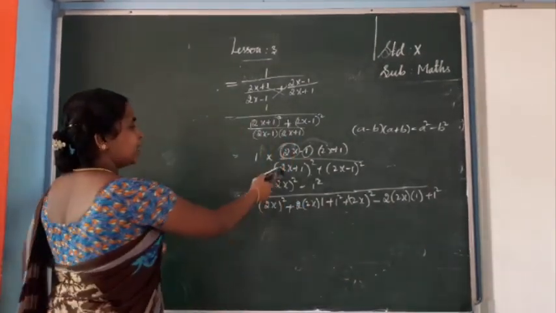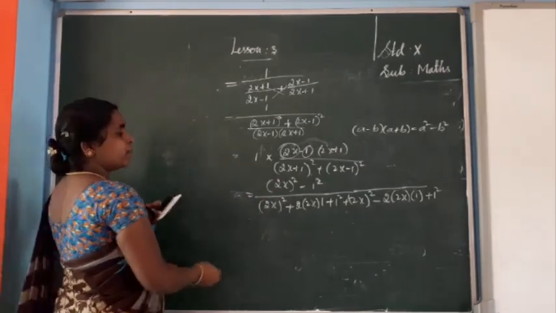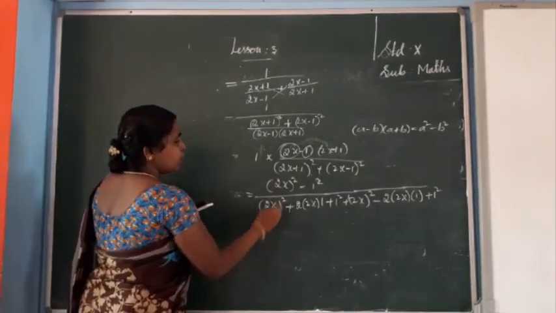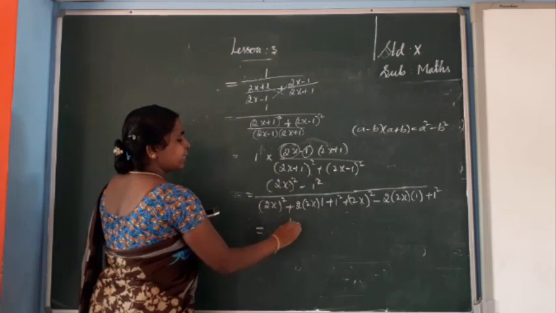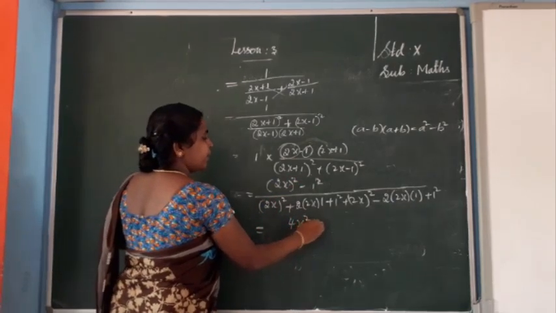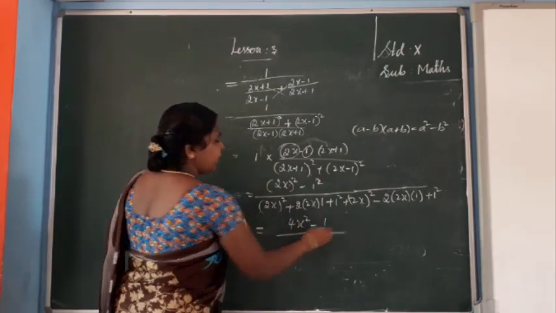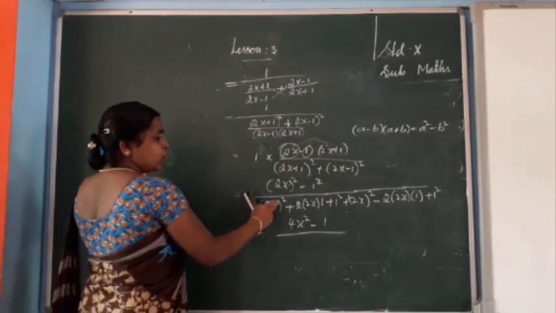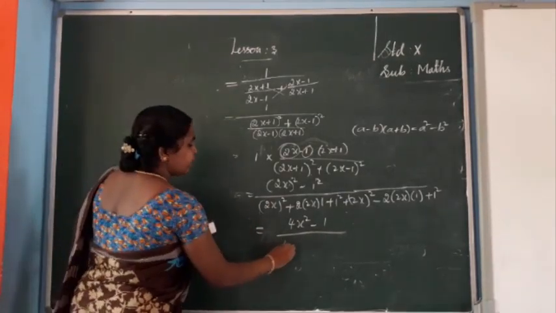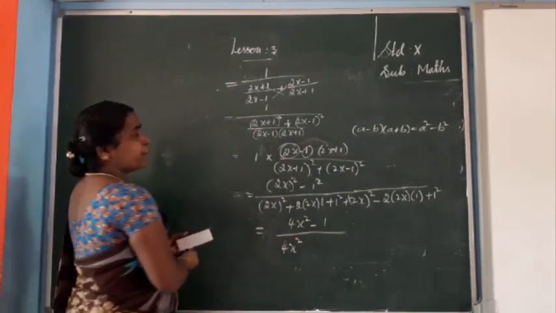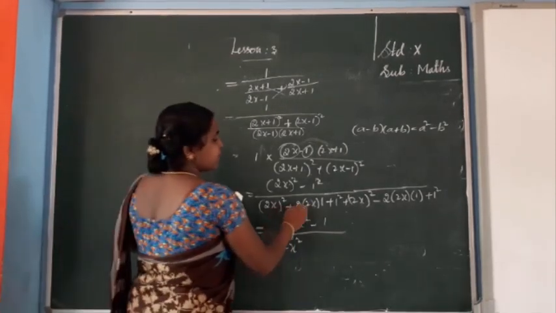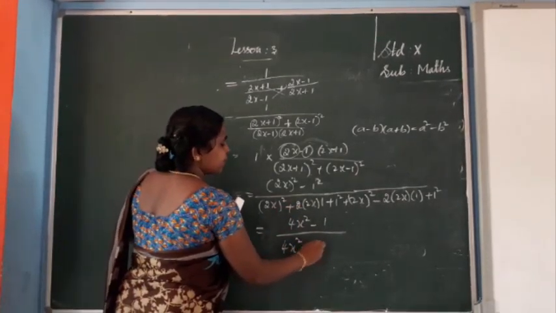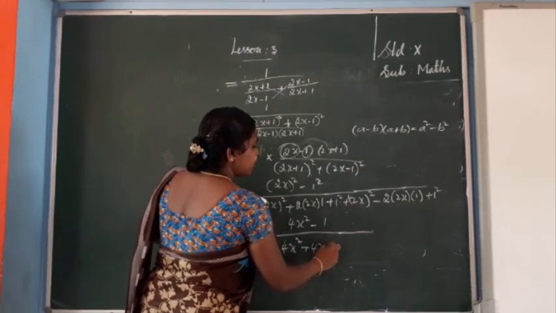So you can write directly. Now 2x the whole square, 2 square is 4, so 4x square minus 1 divided by, next here, 2x the whole square, that is 4x square, plus 4x, plus 1.